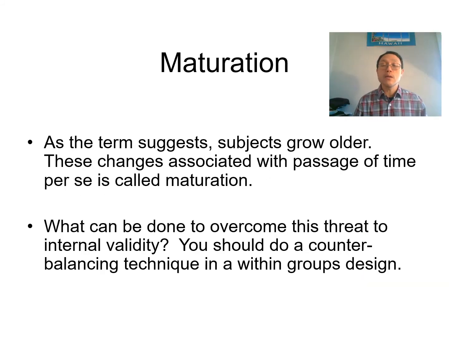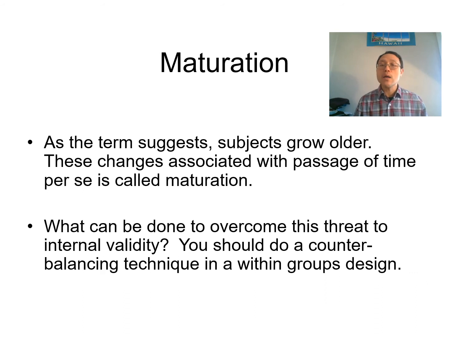Now, maturation is also another threat to internal validity, in which subjects are likely to grow old, or sometimes they mature if you're studying children. All of these changes associated with the passage of time per se are maturation.